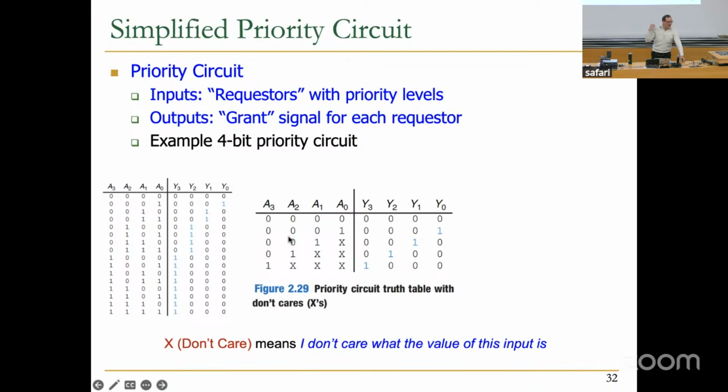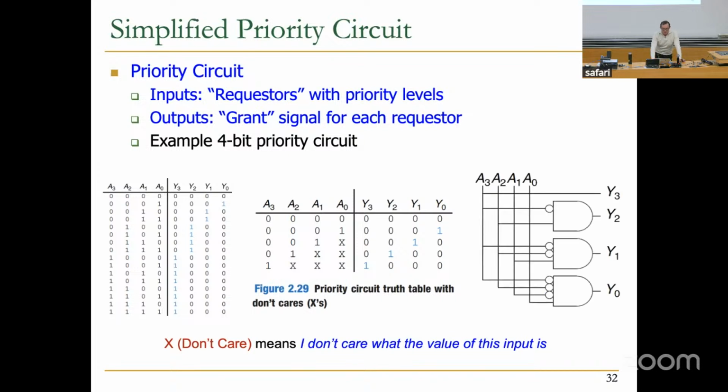Okay, so now you understand that, right? Now you collapse the truth table. This makes our life easier because we can express the equations much more nicely. So for example, here, Y3 is equal to A3 because I don't care about any other input. Y2 is equal to A3 bar A2, which is over here, and I don't care about the other ones.